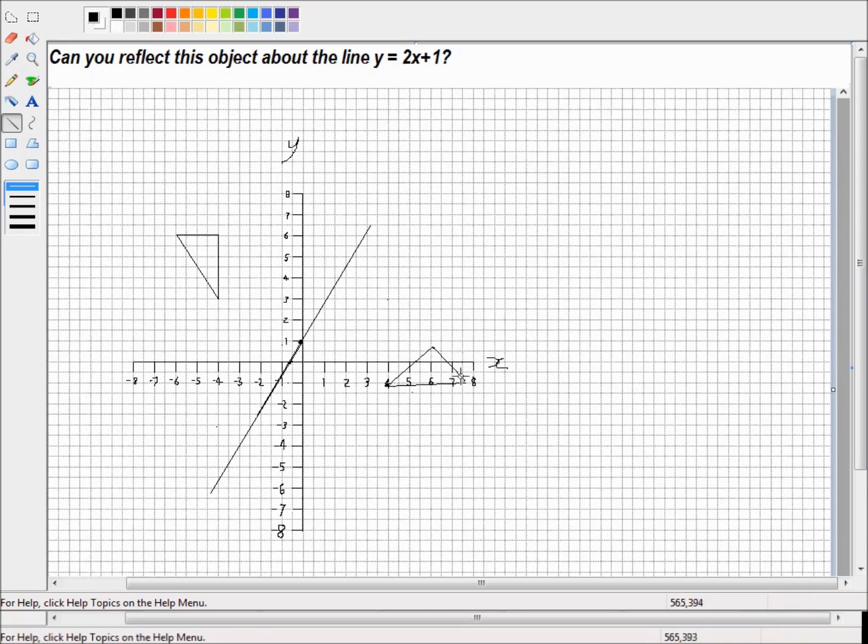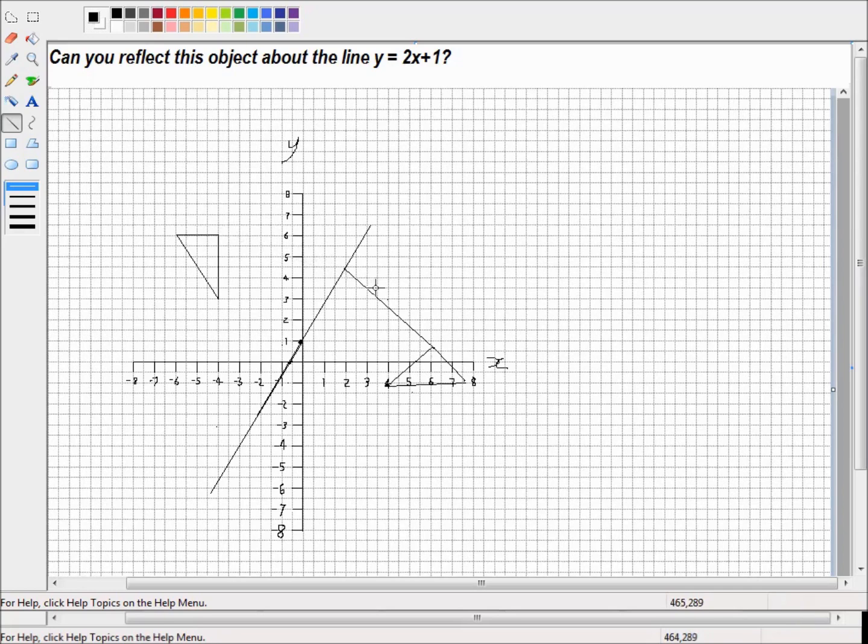That would be my best guess. But what you would want to make sure is that the distance between here and here is the same as the distance between here.